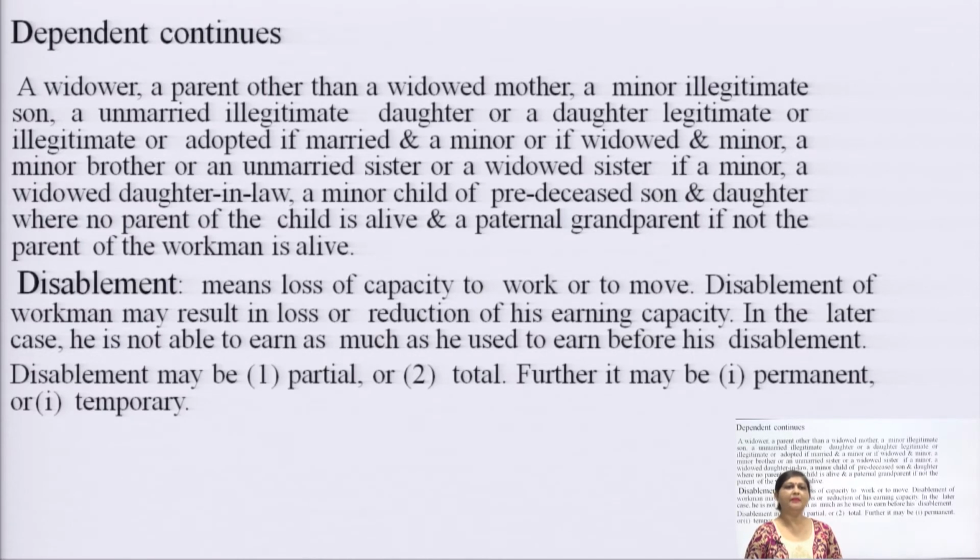Disablement may be partial or total, and these partial and total disablements may be further classified into permanent disablement or temporary disablement. We say permanent partial or permanent total disablement, and temporary partial or temporary total disablement.